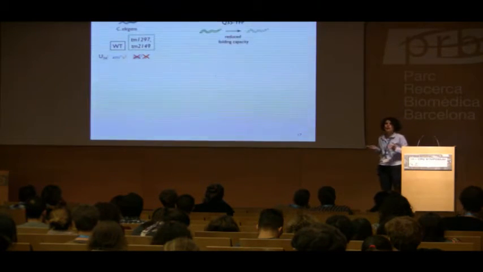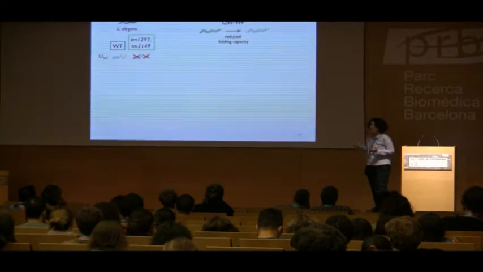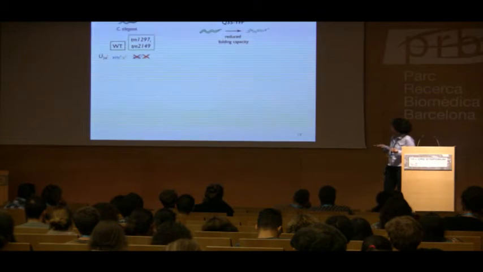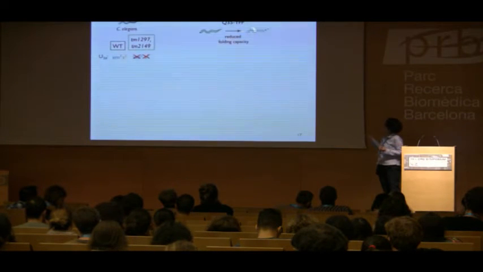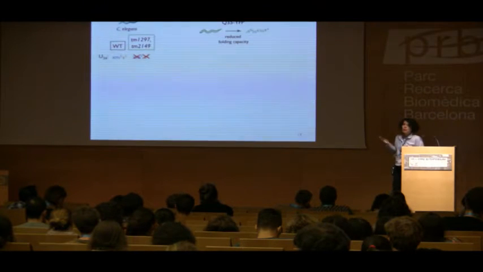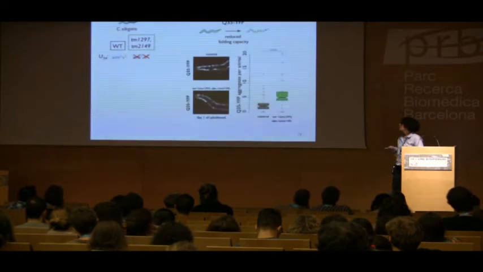And to probe for the folding environment in these nematodes, we tracked a folding sensor, which is composed of a stretch of 30 to 35 glutamine residues fused to YFP. And the sensor is widely used in the worm community, and because it actually misfolds in the presence of other misfolded proteins.